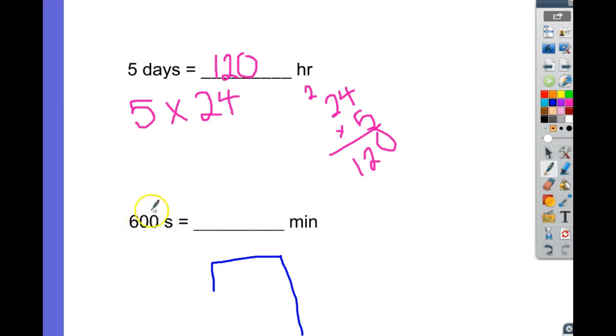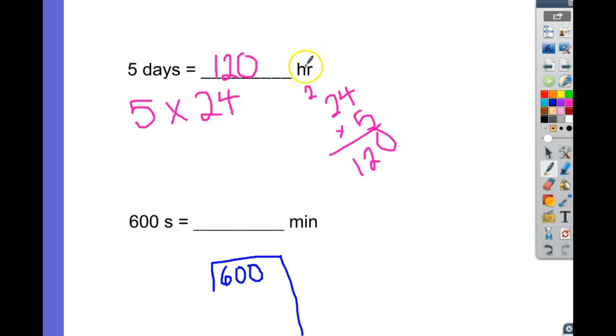And this number right here, I know I'm going to be multiplying 5 times something. 600 is going to be, or whatever the number is right here, is going to be my dividend. So this 600 is going to be the dividend. Now I just have to figure out what my divisor is, okay?